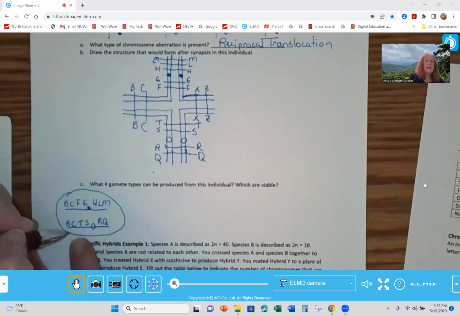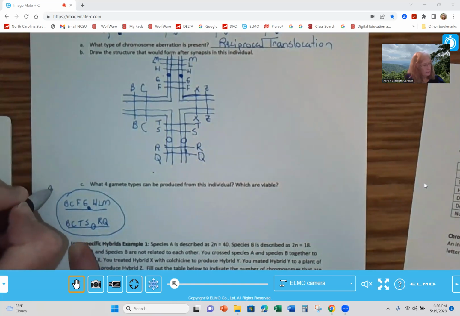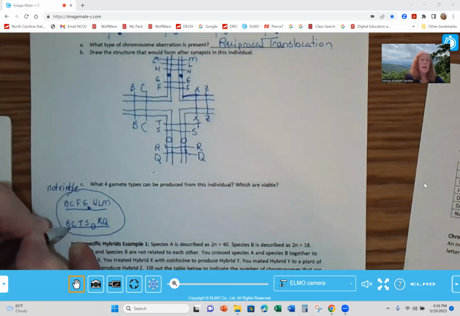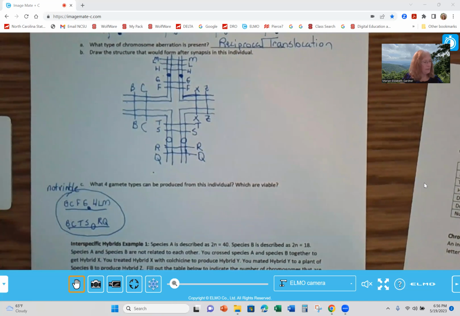They both have BC and they don't have XZ. So this is not viable because it has duplications and it's also got the deletion of XZ.